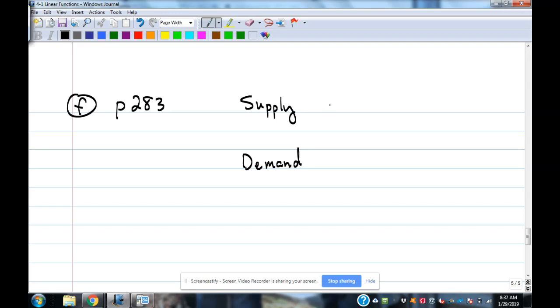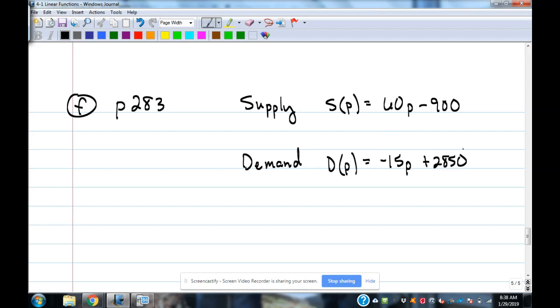They have figured out that the supply function is 60p minus 900, and the demand function is negative 15p plus 2850.